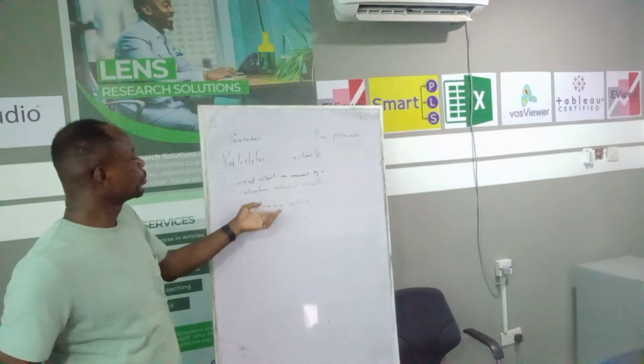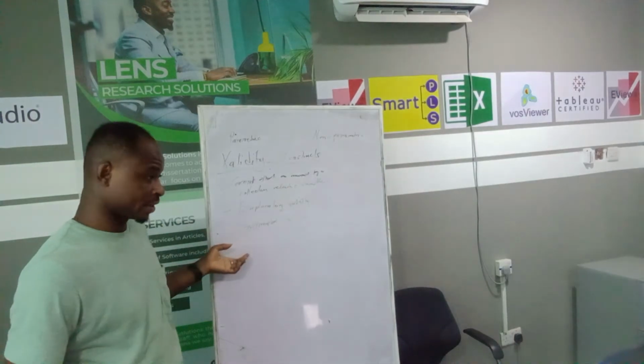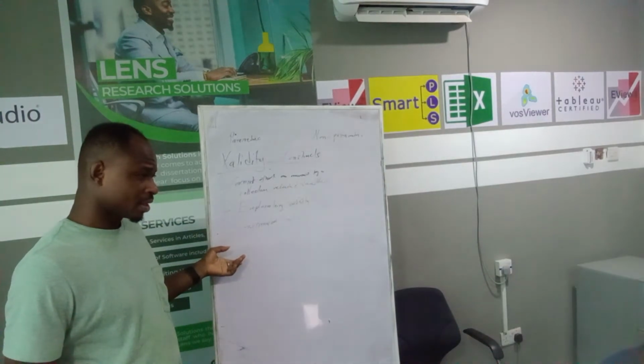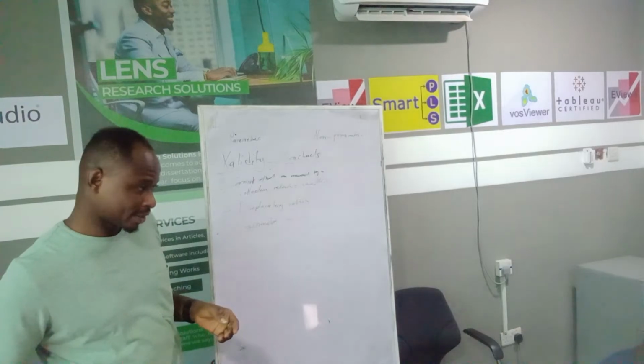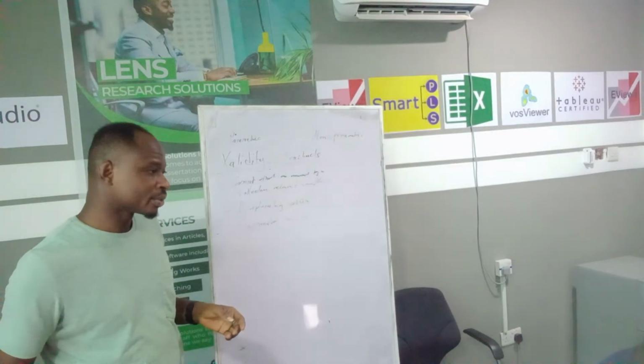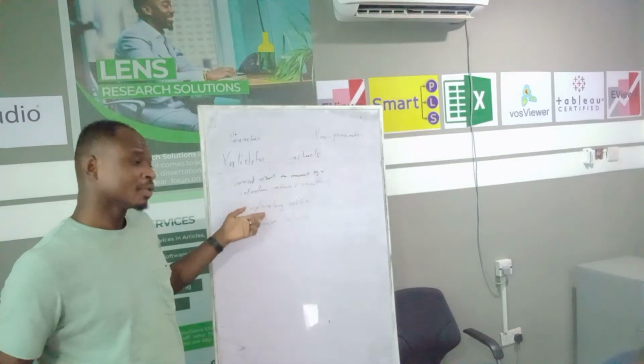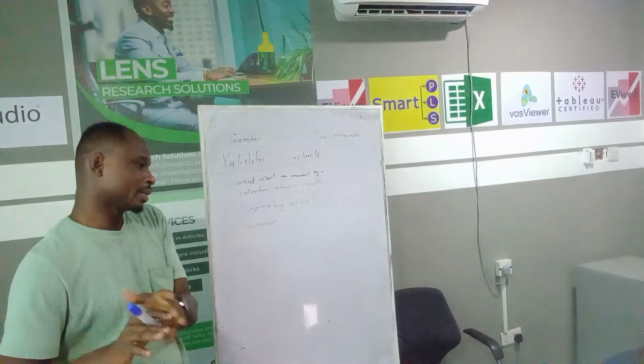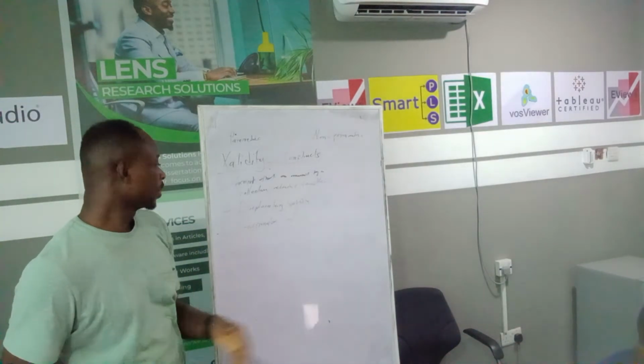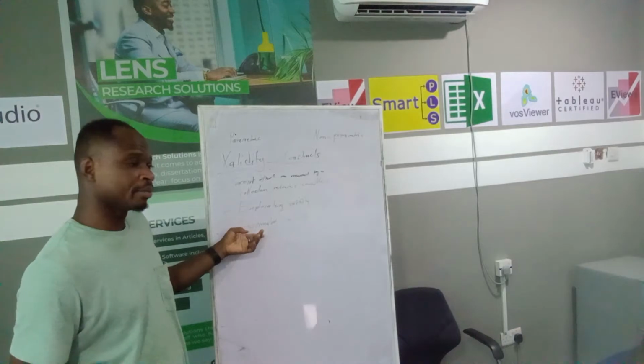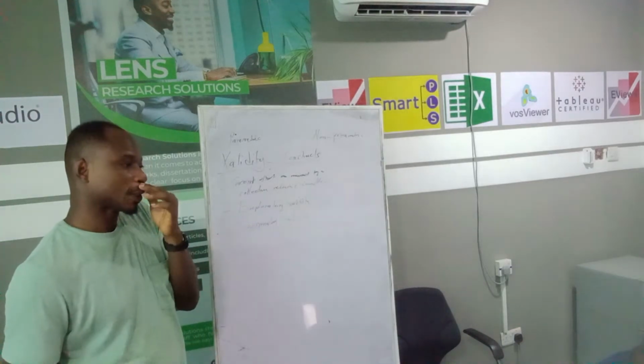And if you want to test this kind of validities, you have some techniques that you can use in SPSS to run it. When it comes to SEM, you look at it differently. Okay, so exploratory and confirmatory, let's look at the meaning.